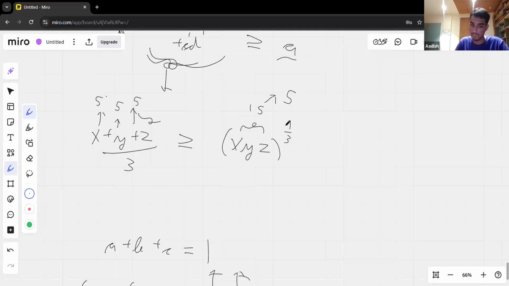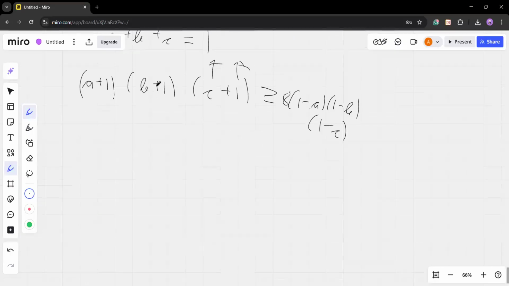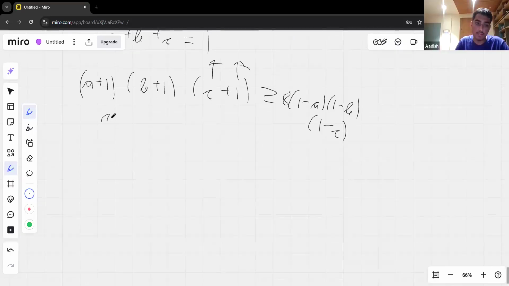So you can think of one as a to the zero, right? That's a 0 degree term. And a is a 1 degree term. So these are different degree terms. This is not good for us. We would prefer if all the terms were the same degree.